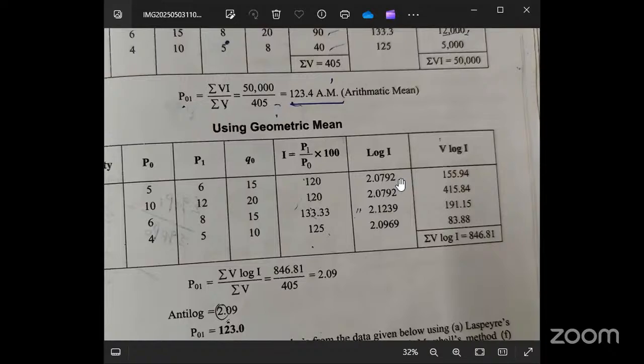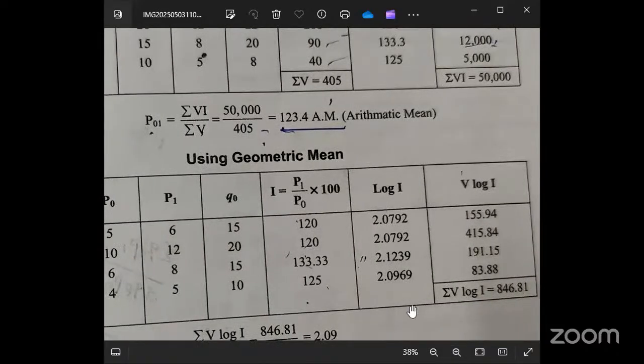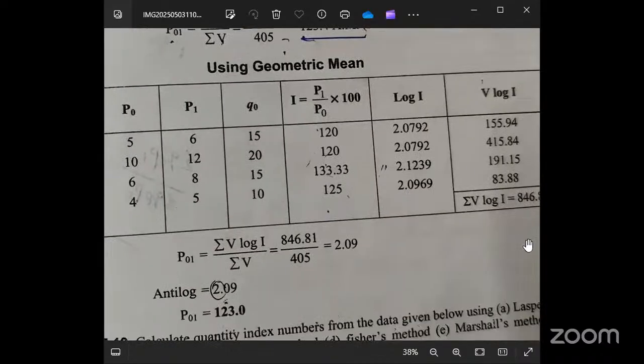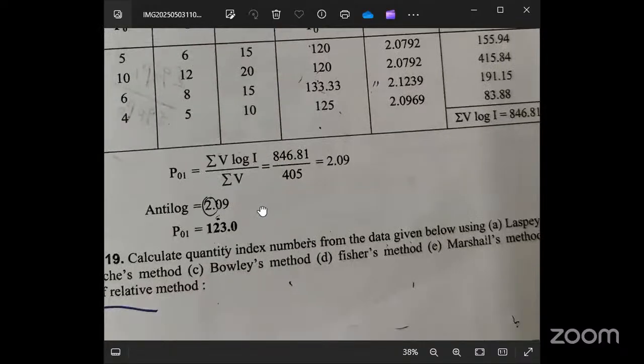So similarly, next value 90 into 2.1239. It's 191. So we are getting the total as 846.81. So we are getting 2.09.